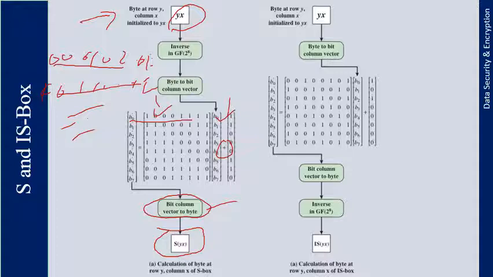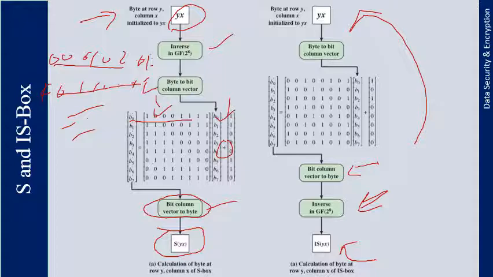Similarly, when performing the inverse function, you calculate the inverse of the S-box value at yx. You perform the inverse function first, then convert the bit column to a vector byte, and then you will get the initial value of x.